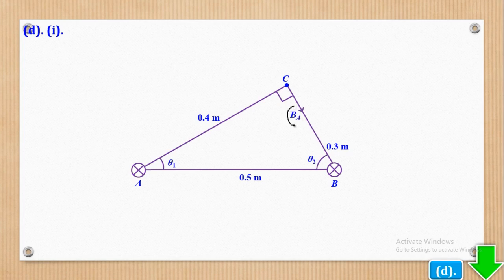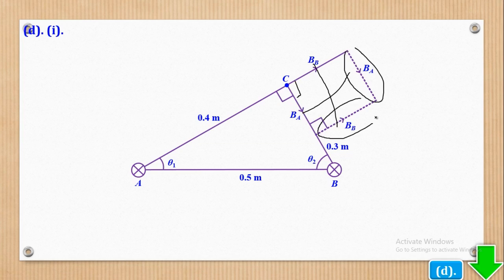So this will be flux density due to this, then flux density due to B. Therefore, these are 2 directions, so you can use parallelogram by completing the rectangle, since this is 90 degrees. So this is the same as this, and this is the same as this. But remember, this is dotted and this is dotted. You must be keen with that. Therefore, when I join from here to here, that will be the resultant which is required. So this is our resultant, and this is the direction to line CB.